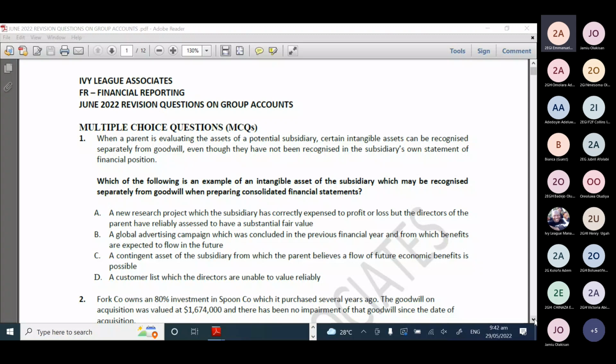Which of the following is an example of an intangible asset of the subsidiary which may be recognized separately from goodwill when preparing consolidated financial statements?